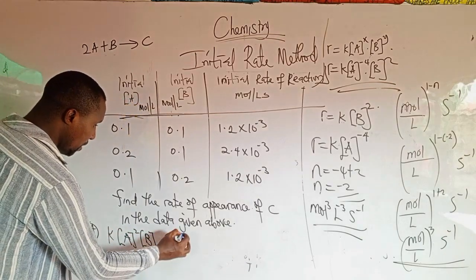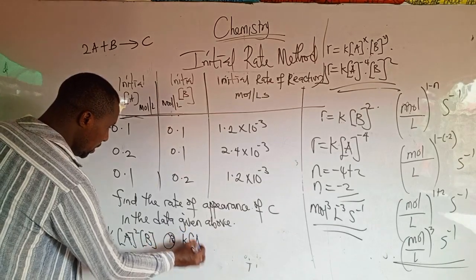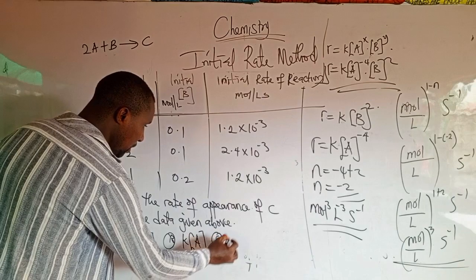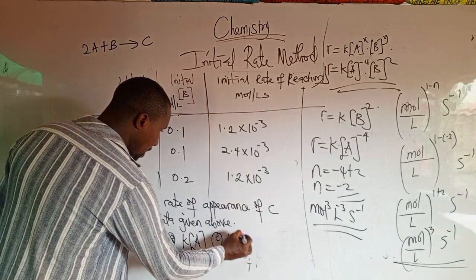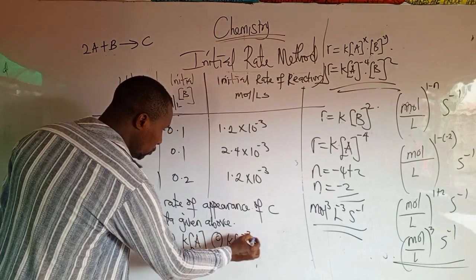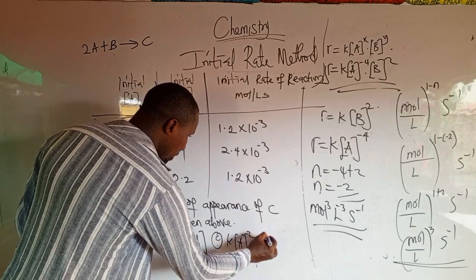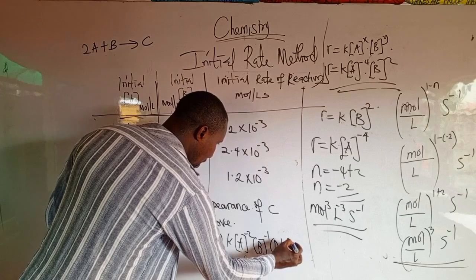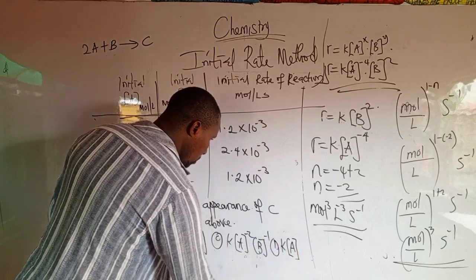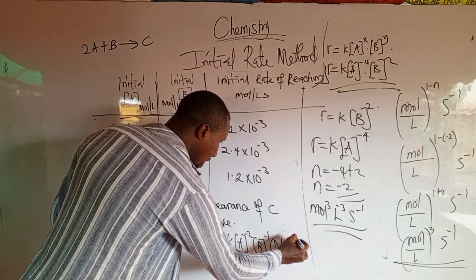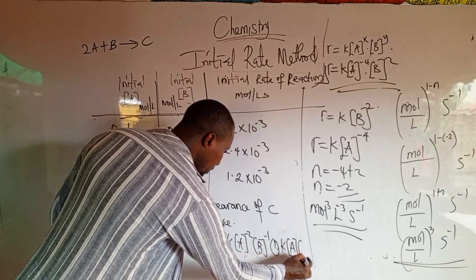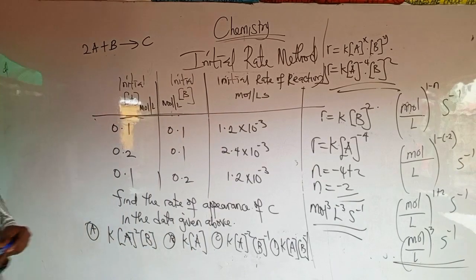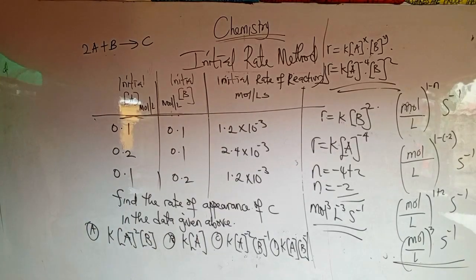Option B: K, A raised to power 1. Option C: K, A raised to power minus 2, B raised to power minus 1. Option D: K raised to power 1, then B raised to power minus 1.